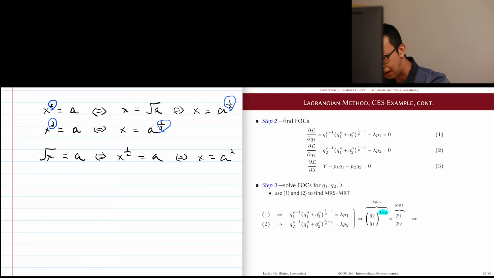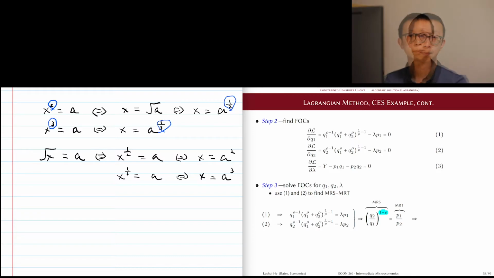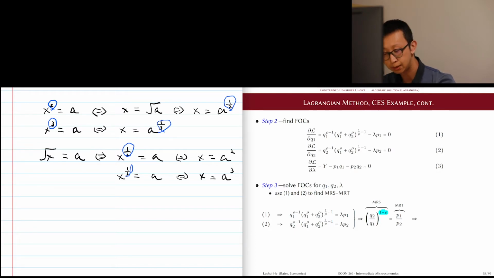Similarly, if we have x to the power of 1/3 is equal to a, then we know it is equivalent to x is equal to a to the power of 3, and so on and so forth. What we're doing is simply taking the power on x and then raising the other side of the equation to its reciprocal. And these equations are all equivalent.